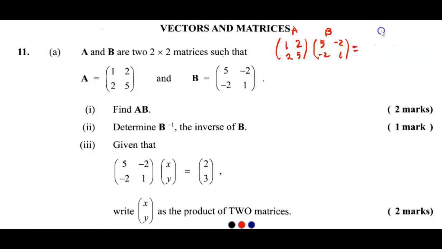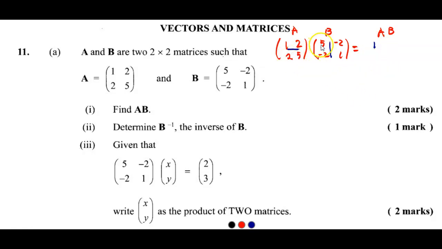So A times B would be AB. So we're going to have row times the column. We have 1 times 5, that's 5, plus 2 times minus 2, that's minus 4. So 5 plus minus 4 is just 1.